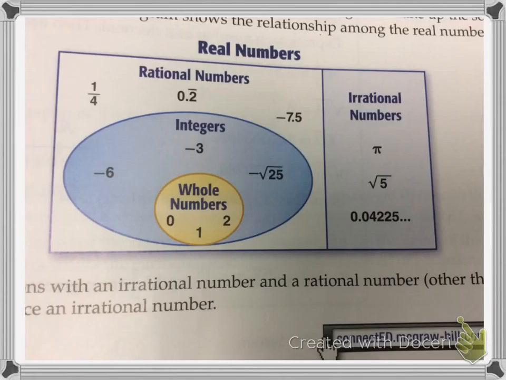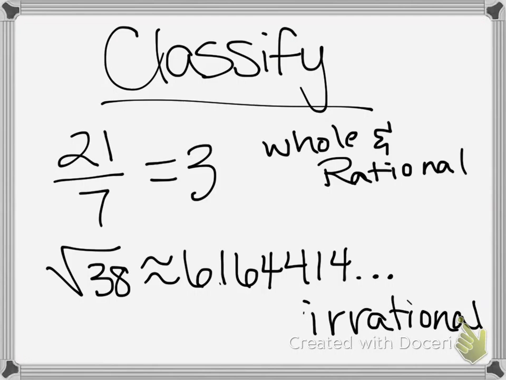Anything that has a terminating decimal, such as -7.5, the decimal stops after the 5, so it is a terminating decimal, so it's considered a rational number. And then again, irrational numbers are part of the real number system, but they're numbers that are not able to be turned into a fraction, like pi, square root of 5, and any decimal that goes on and on forever. It doesn't have a repeating pattern or exact stopping spot.